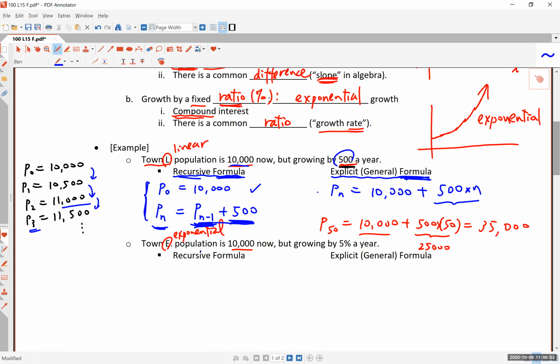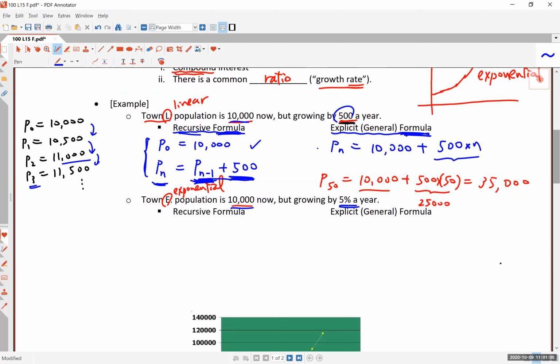All right, so now let's go to the exponential town, town E. The population is 10,000, just like the other one, and then growth is 5% a year. This is very much like compound interest with annual compounding at an APR of 5%. But things are a little different here, as you've compared simple and compound interest before.